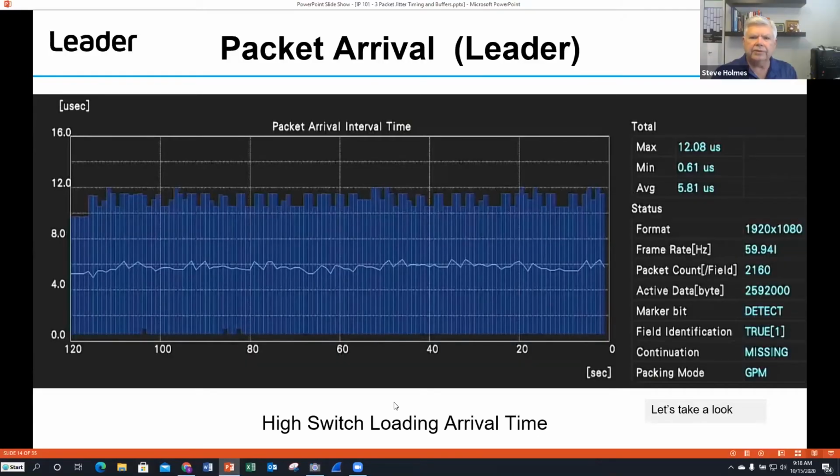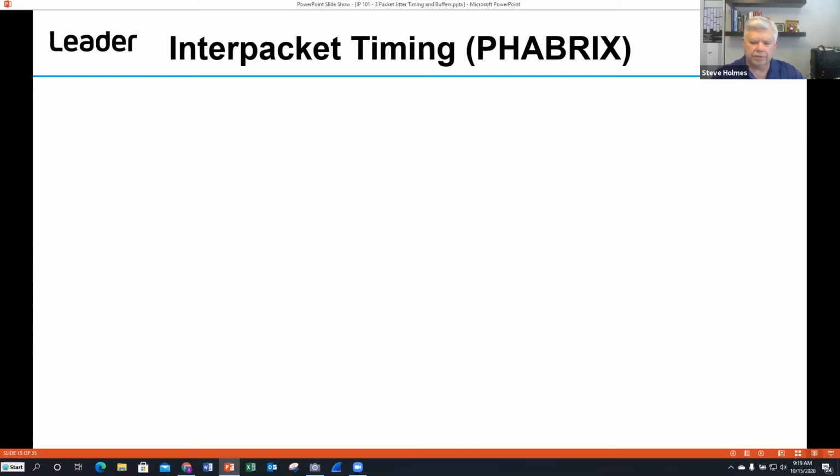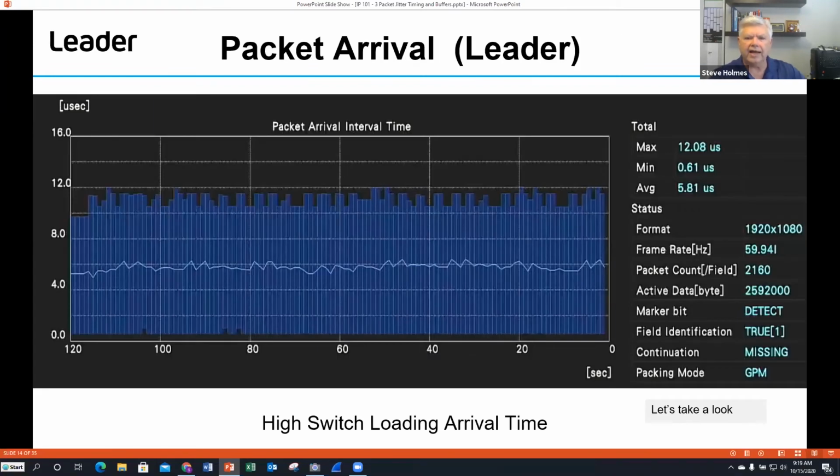If we turn around and take a look at how Fabrics looks at this, since now Leader owns Fabrics, and we're representing both products here. Fabrics looks at this a little bit differently, whereas Leader is looking at this as a time graph across the bottom and then looking at packet jitter going up on the vertical axis.